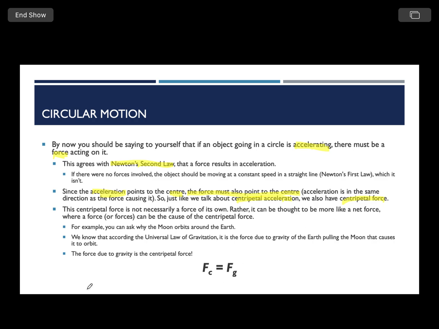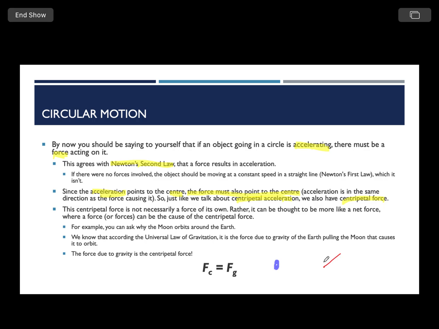Now, here's where we're going to talk about the difference between centripetal and centrifugal force. If you will remember the idea of a centrifugal force, that's the force that you think you experience whenever you're spinning, the force that pushes you out. Now, as we've just talked about, this is not what happens.